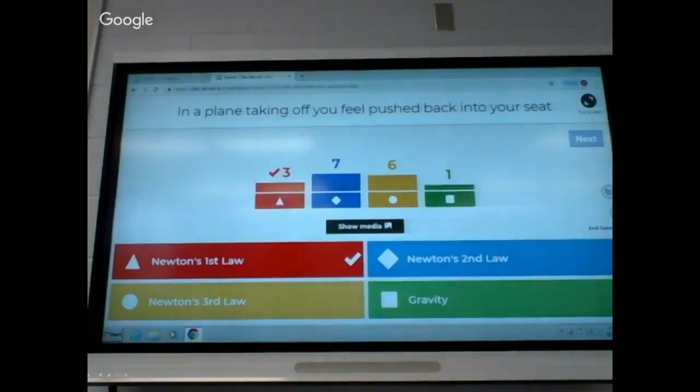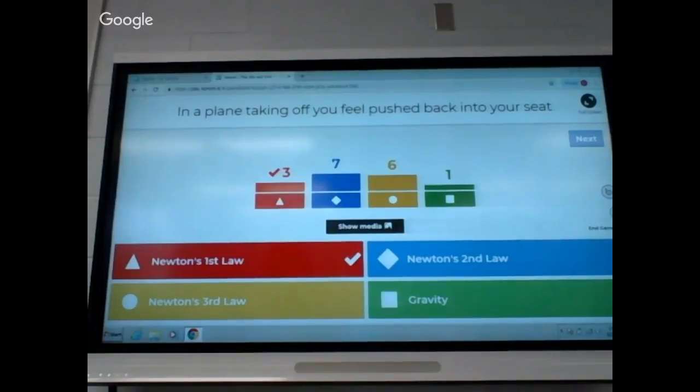Did you read anything about mass and acceleration in that question? No. So why did 7 people pick Newton's second law? If it doesn't say mass and acceleration, that's the formula. Do not pick Newton's second law. Okay? Tomorrow on the test, if it does not say anything about force, mass, and acceleration, do not pick Newton's second law.